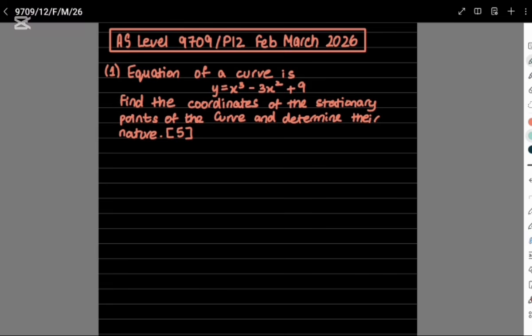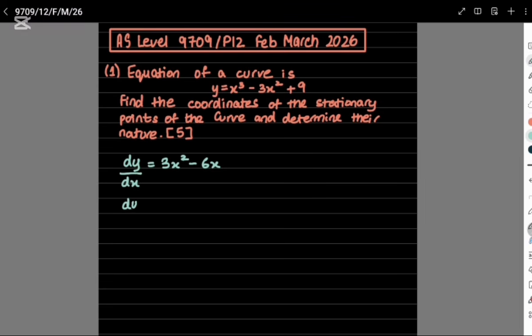So whenever they ask for stationary points of the curve, we have to find dy by dx and equate it to 0. So the derivative of this curve is 3x squared minus 6x.